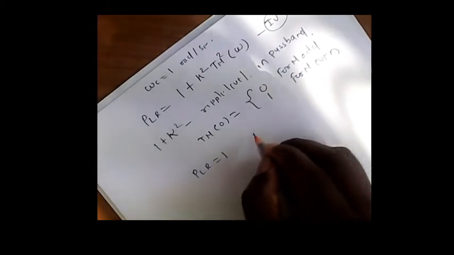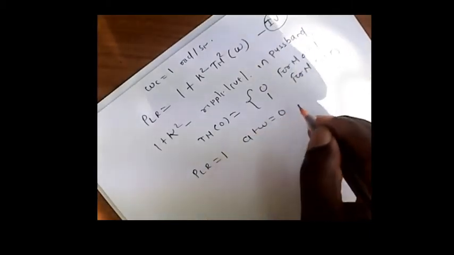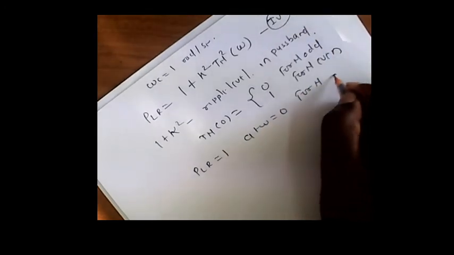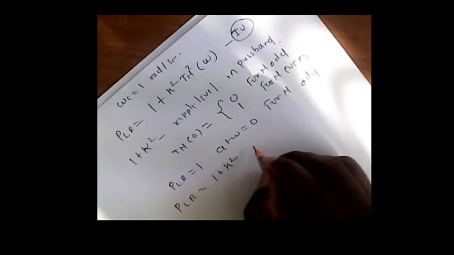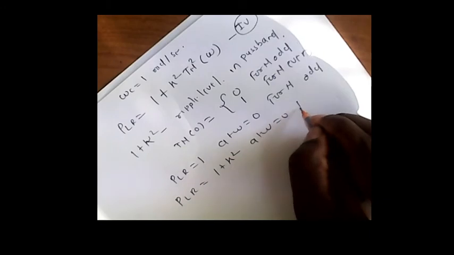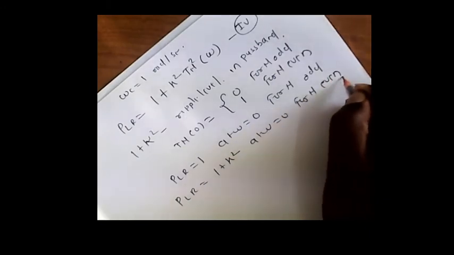So we see that the power loss ratio is equal to 1 at omega equal to 0 for n odd, and the power loss ratio is 1 plus k square at omega equal to 0 for n even. These are the two cases considered depending upon the values of n, for the two element figure which is already shown.